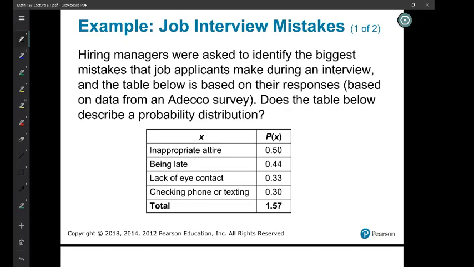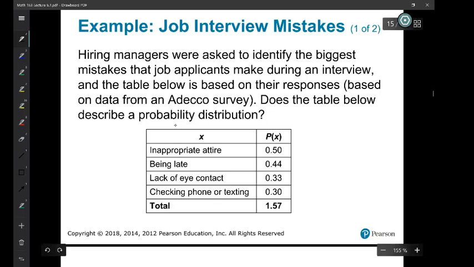Here's an example of a table that is not a probability distribution. This is a list describing various things that hiring managers find to be mistakes during the hiring process: inappropriate attire, being late, lack of eye contact, checking their phone or texting.